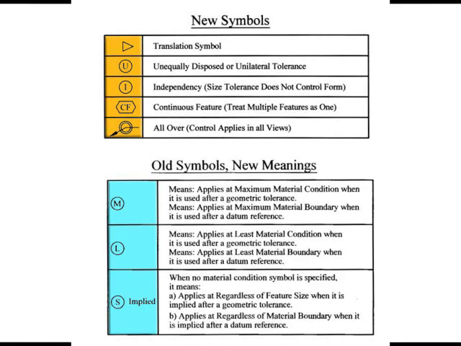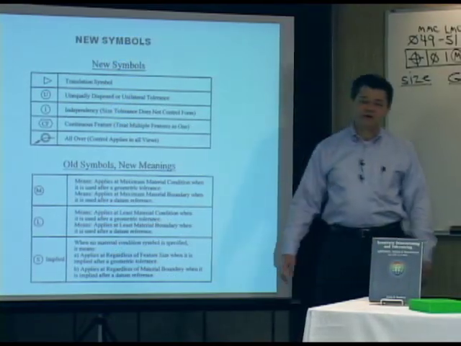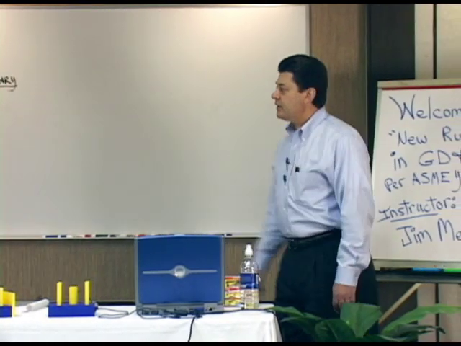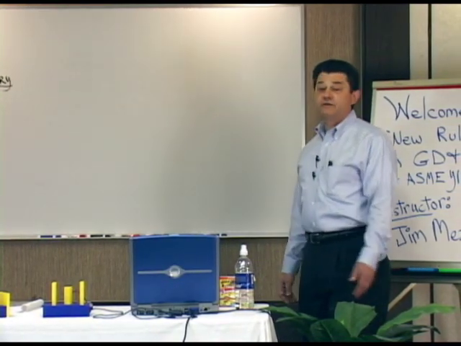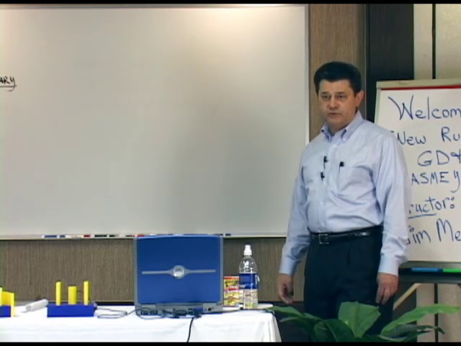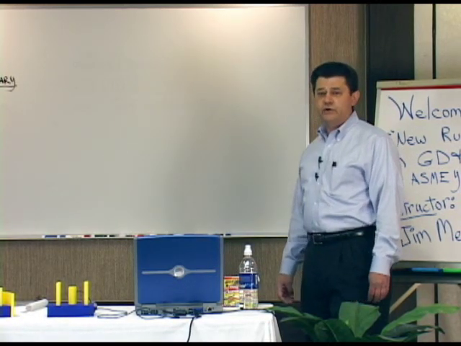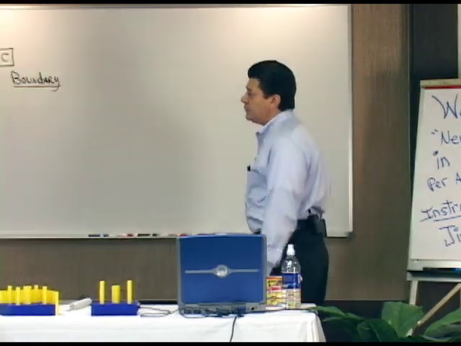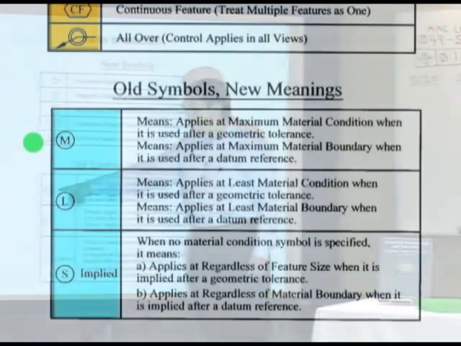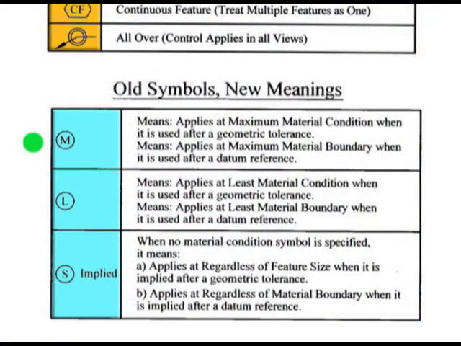We have some very complicated new concepts that are called material condition boundaries. The truth is that the concepts themselves are not new, but the way we speak about them is new, and how we've refined their understanding is new. So this symbol, which everyone knows as the maximum material condition symbol, still means maximum material condition if used after a geometric tolerance.